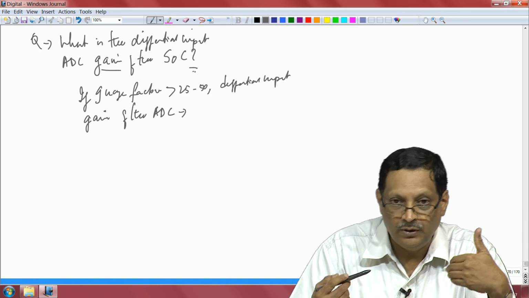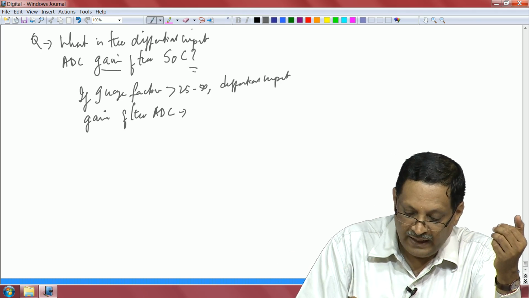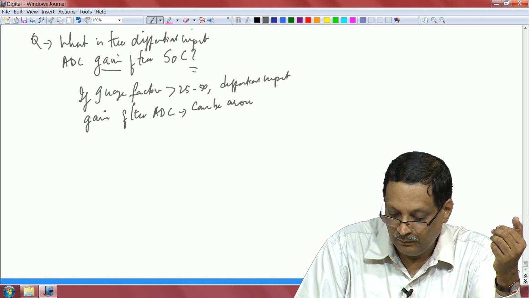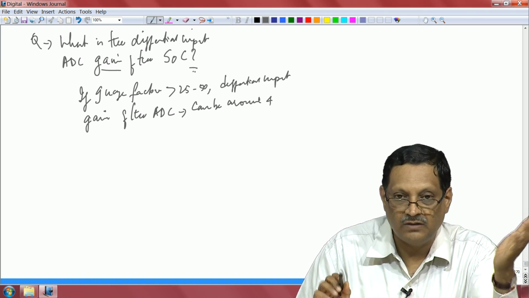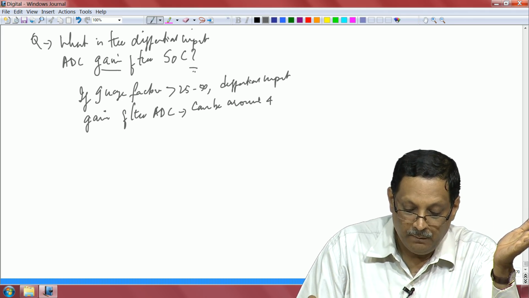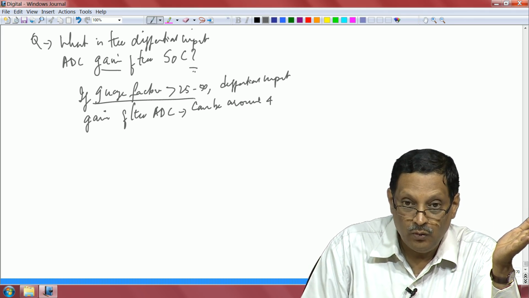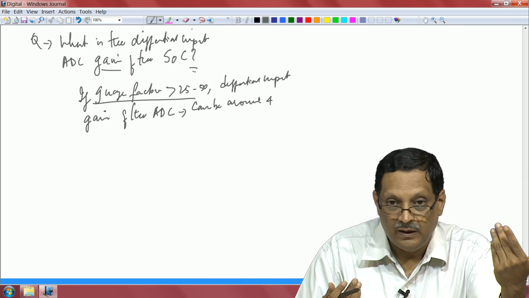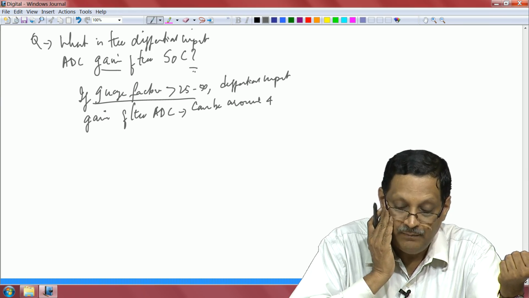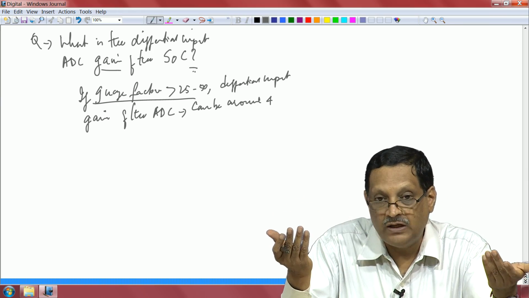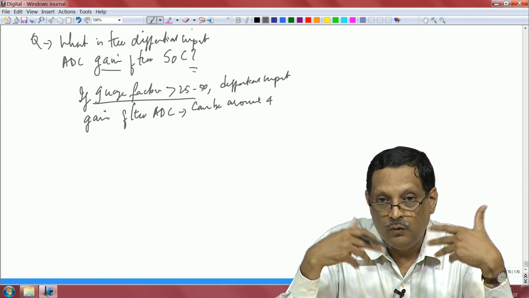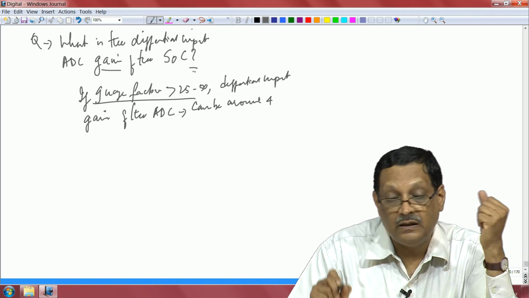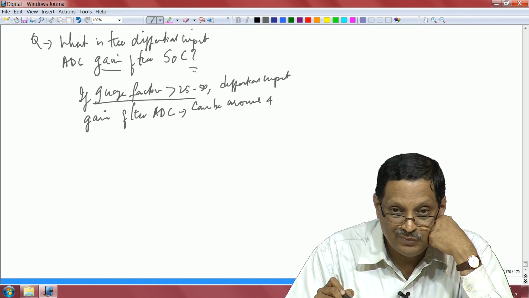It is taking input, amplifying and giving you, can be around 4 or something like that, okay. But if this is low, you must use an external ADC, or your controller choice will be dependent on whatever gives you the maximum gain, that is the controller of your choice.